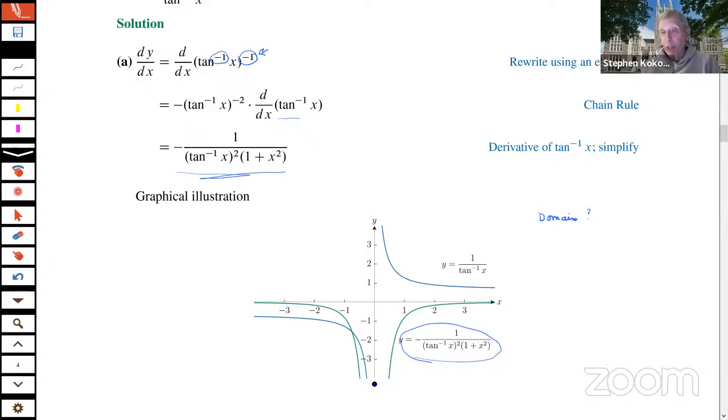I feel pretty good about that. To the right of 0, strangely, it is also always decreasing. The green curve is always negative. Good. As x increases without bound, the slope is getting closer to 0. I feel pretty good about that answer. That graph sort of backs that up.